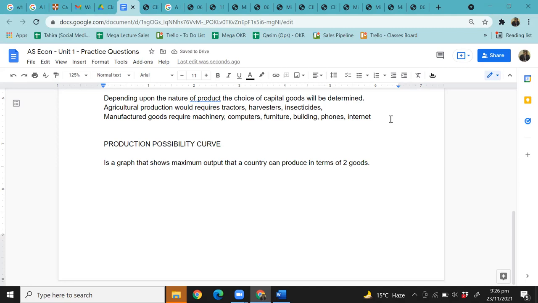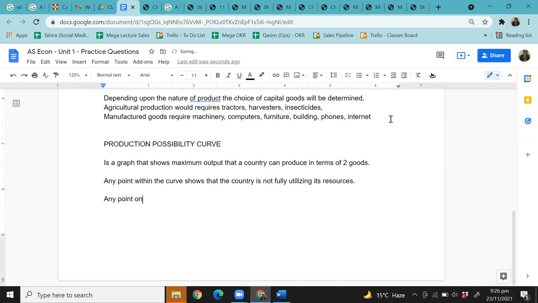Okay. Now, any point, which I will show you in a bit, within the curve shows that the country is not fully utilizing its resources. Why so? I'll tell you, right? So any point within the curve shows that a country is not fully utilizing its resources.